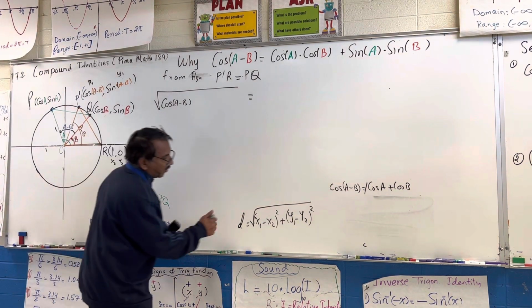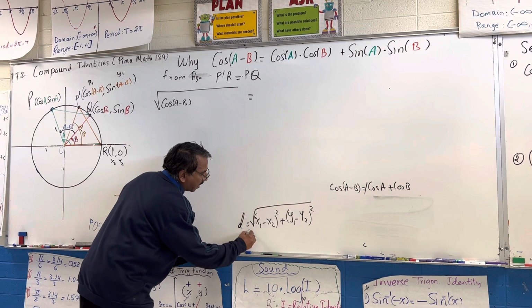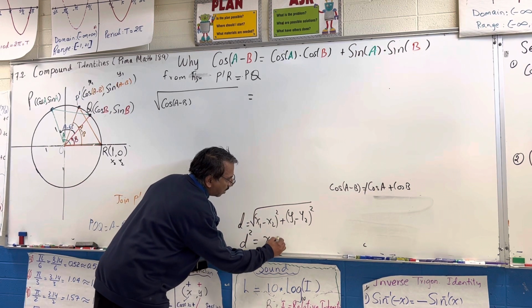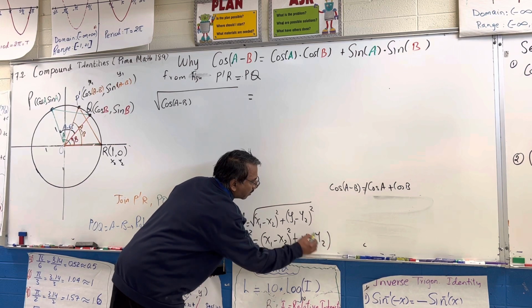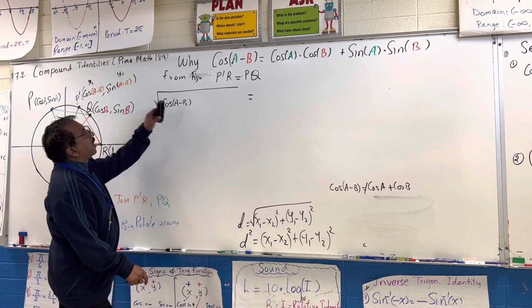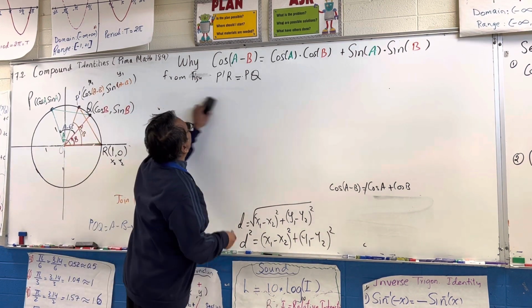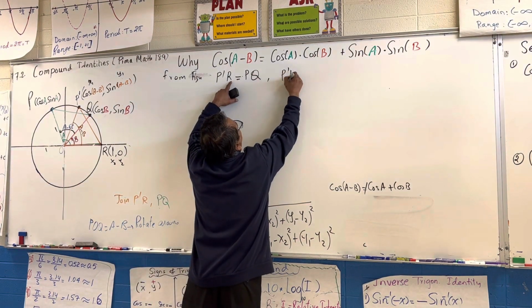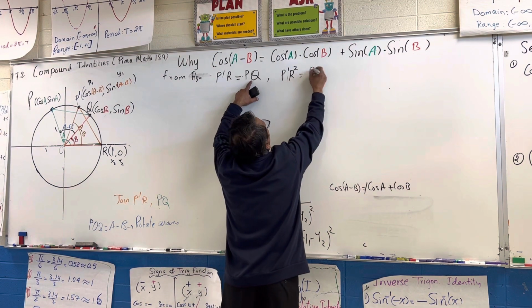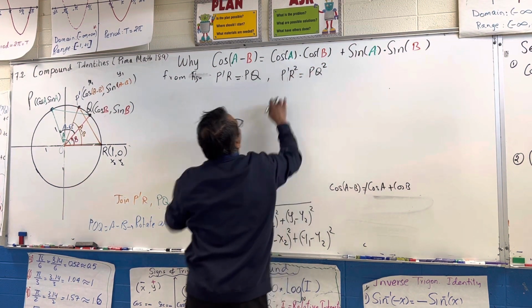If you square both sides, it's the same as writing this square is x1 minus x2 the whole square plus y1. So instead of writing this, we can skip one step and write, okay, this is P prime R the whole square and PQ the whole square.